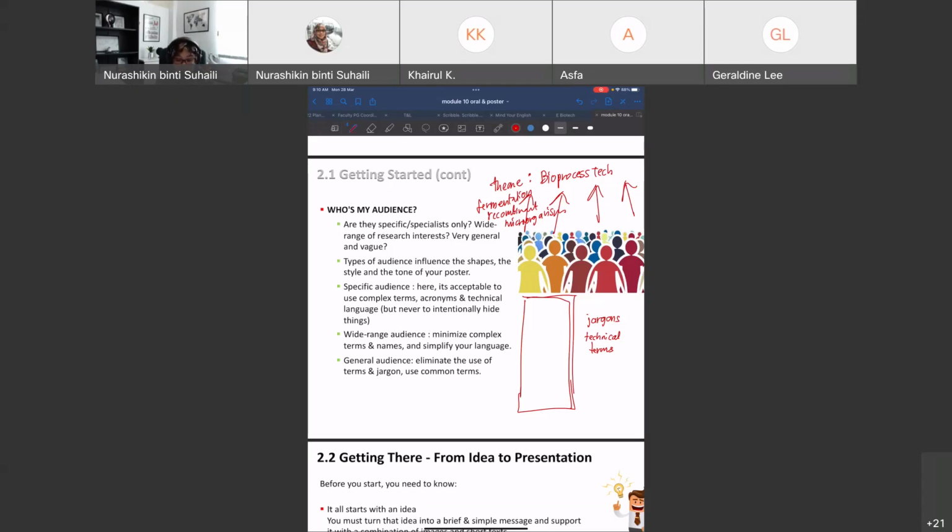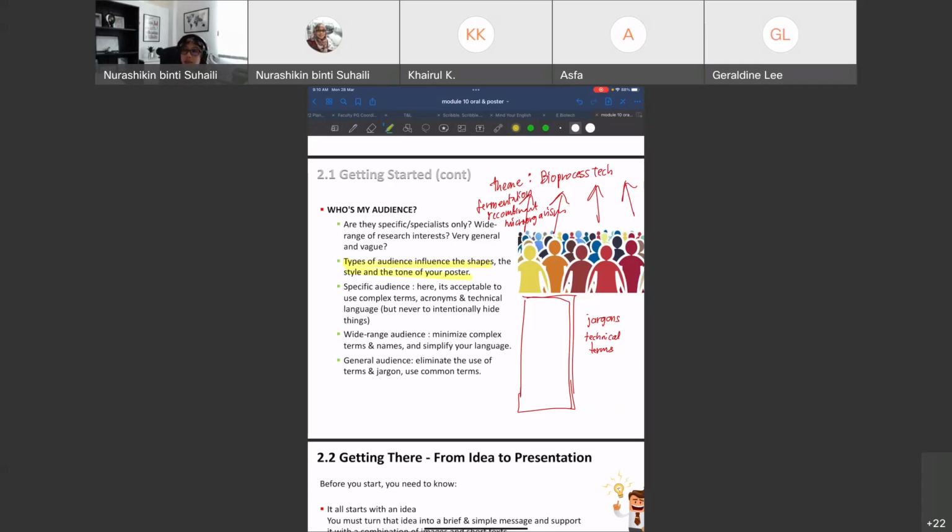Okay, that's very important. Yes, it's mentioned over here: the types of audience influence the shape, style and tone of your poster. You can see that infographics meant for the public don't really use technical terms unless people have to know them somehow.